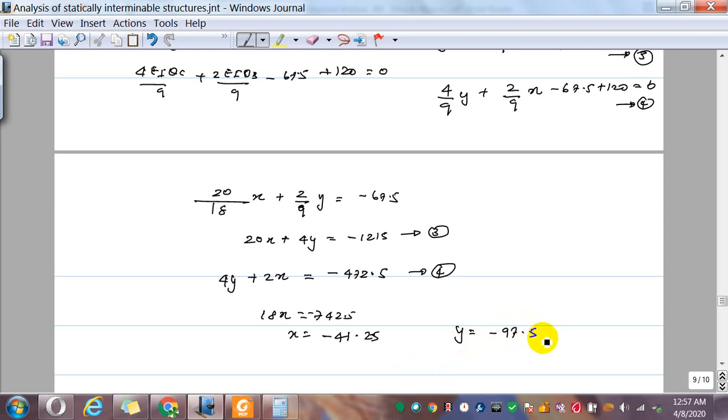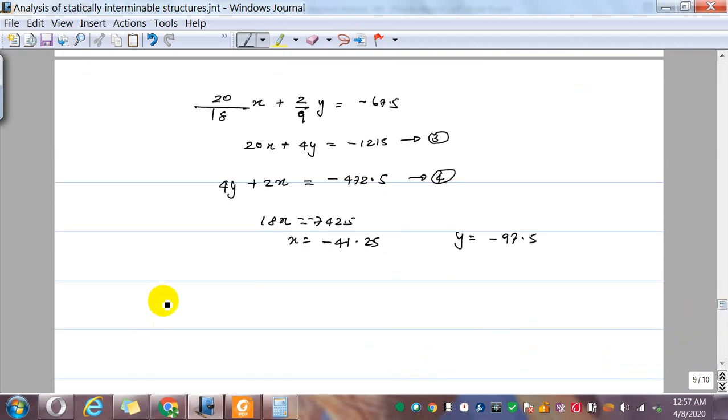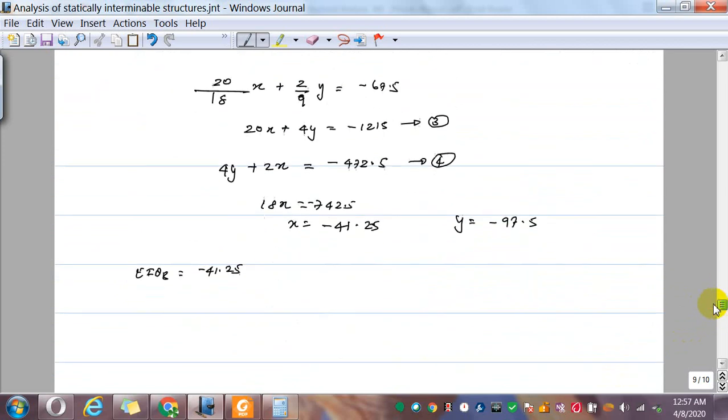So y is minus 97.5. So EI theta B is equal to minus 41.25, EI theta C is minus 97.5.